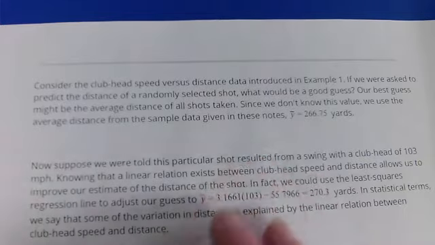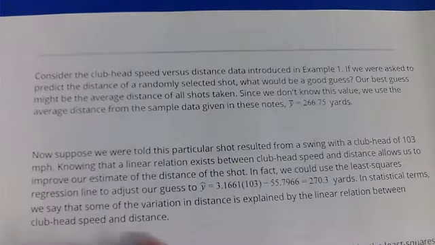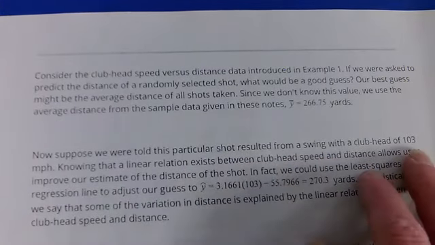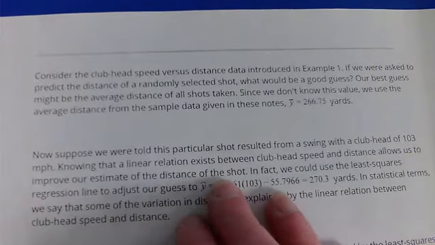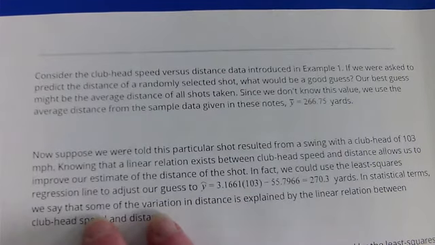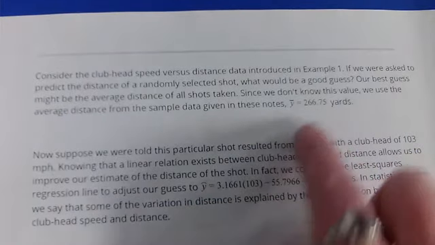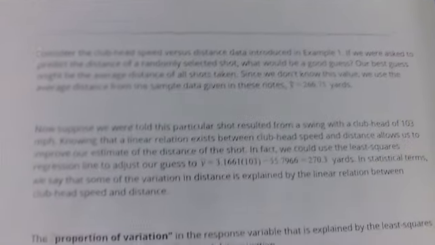So we can use the sample data and get that. Now suppose we were told that this particular shot resulted from a swing of a club head of 103 miles per hour. Knowing that there's a linear relationship, we can estimate the distance of the shot by using that regression line, by plugging in. In statistical terms, we say that some of the variation in this versus this is explained by the linear relation in the speed and distance.